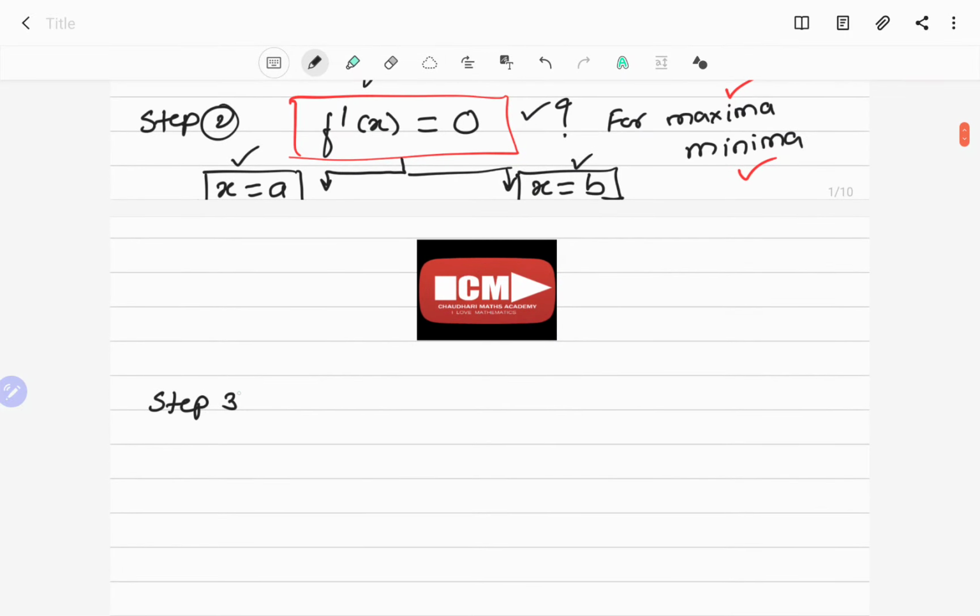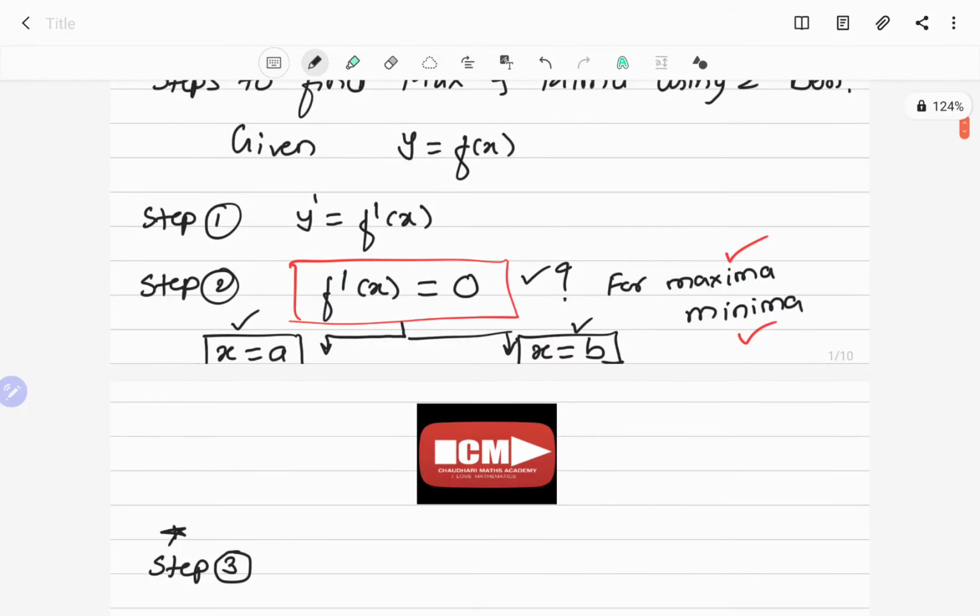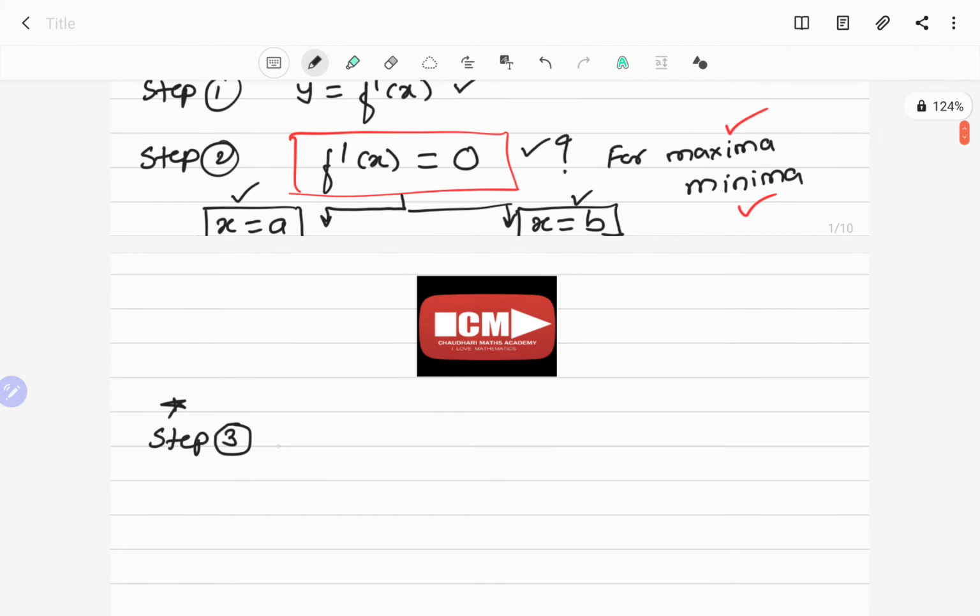Then, since the name suggests it's the second derivative test, friends, this is the important step: the second derivative test. Since f dash of x is already ready with you, differentiate it one more time and find the double derivative.